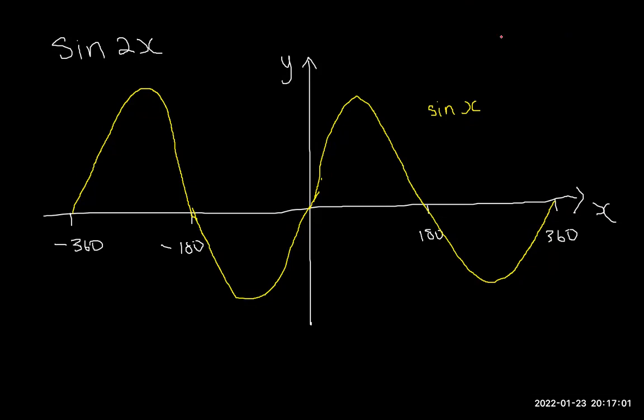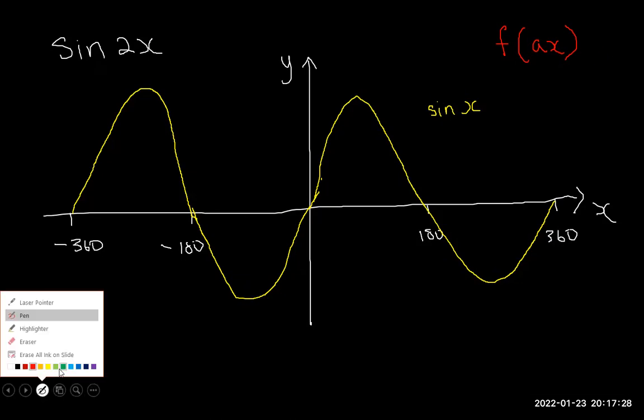And there's something called a horizontal compression. This function, sine of 2x, is in the form f of ax, where a is 2, right? Like I said, you don't need to know what horizontal compression is. That's just me telling you to help with your understanding.